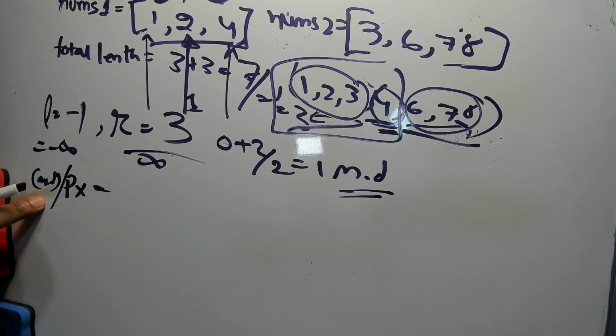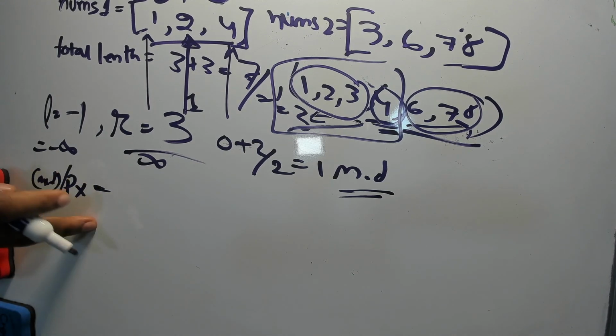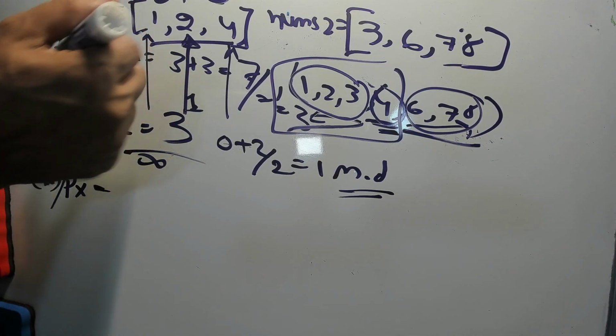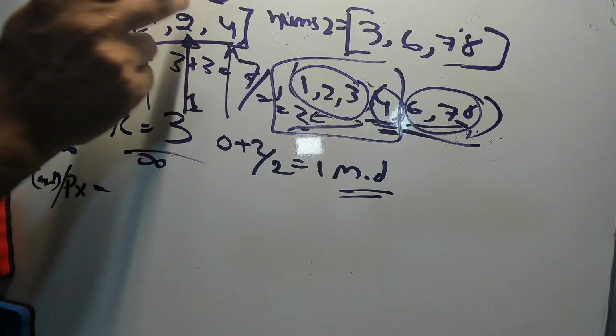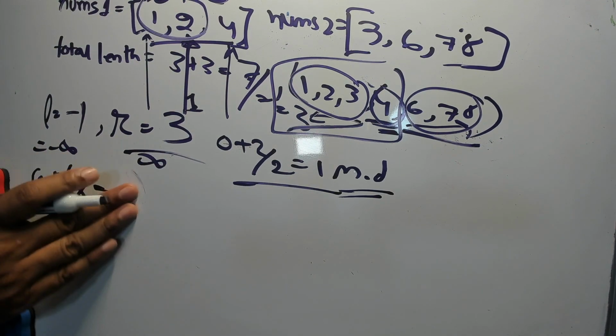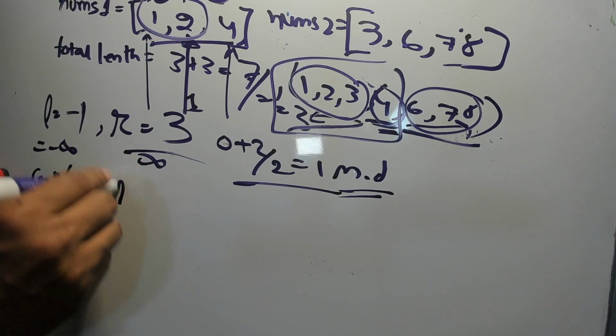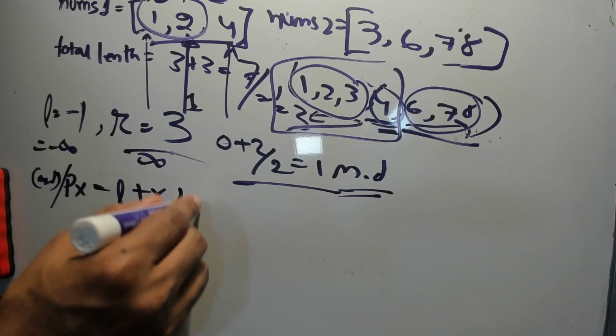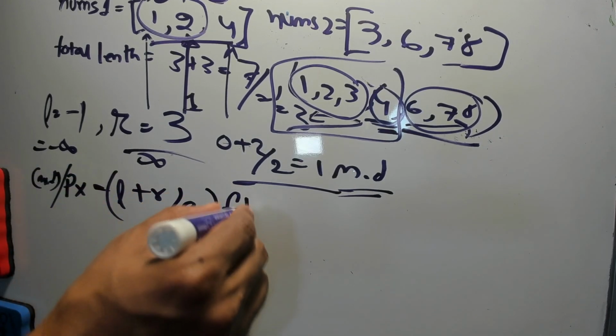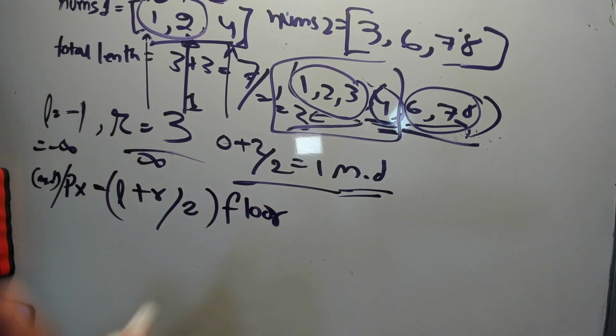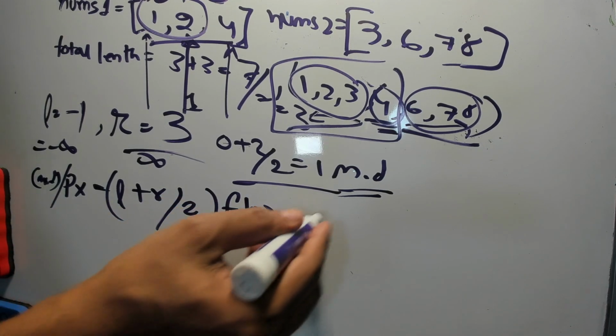This mid we can call px, and it signifies how many items we are going to pick from the nums1 array. L plus R by 2, floor method. Okay, so that will give us 1.